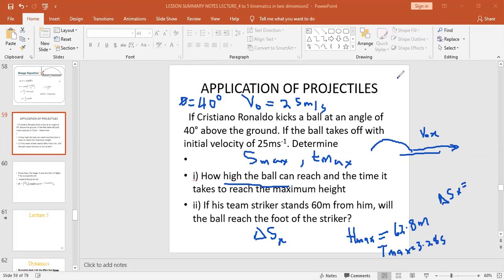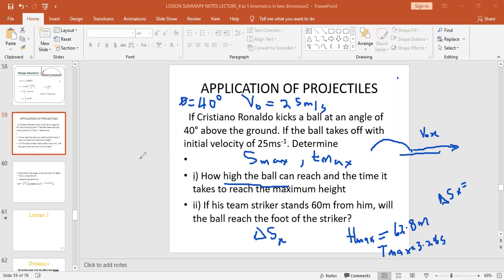Yes, I have X maximum to be minus 12.9. I don't know, is that the correct answer? No, it can't be minus. So check the mode of your calculator too.